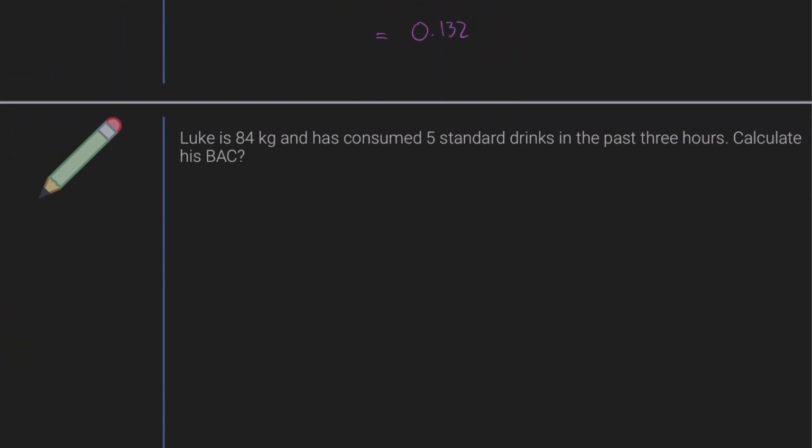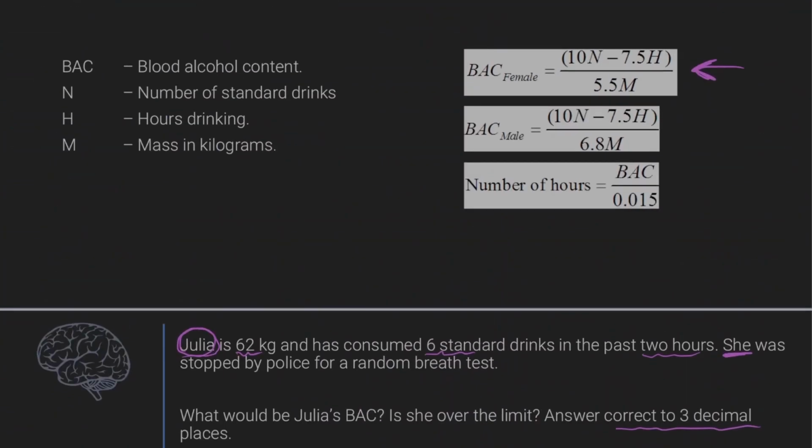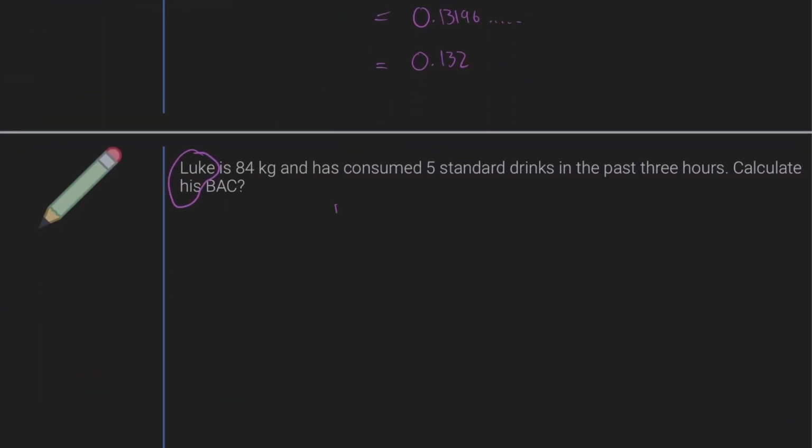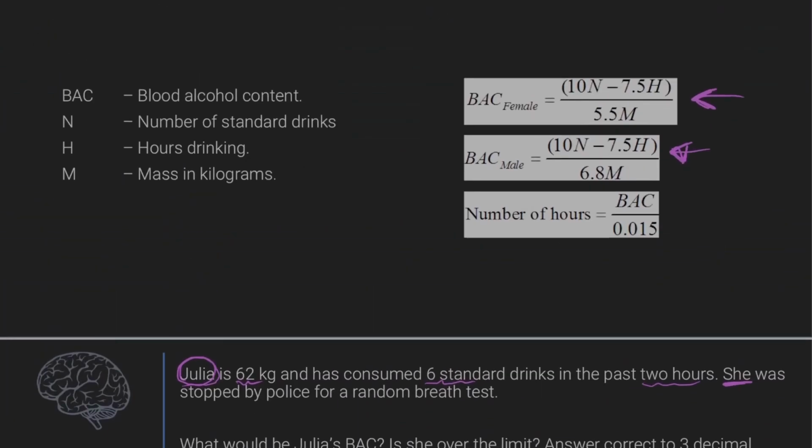Here we have one that I will get you guys to write down with me. Notice we're now dealing with a man. So our version of the formula is going to be this one. It's the same stuff on top, but that thing that the person's mass is multiplied by is different.